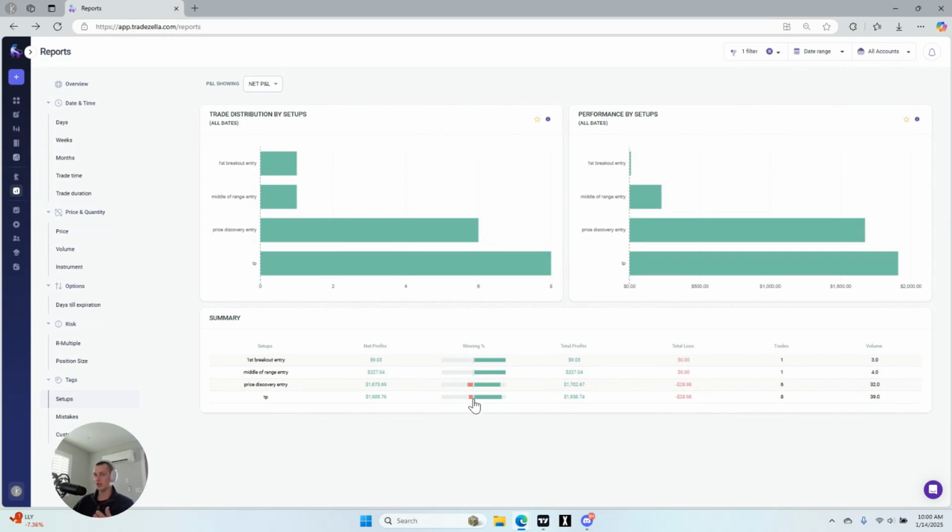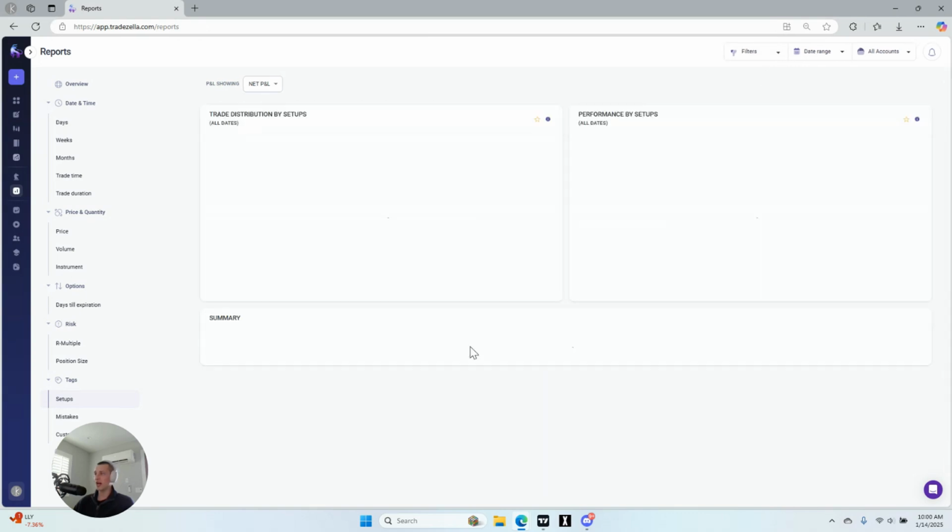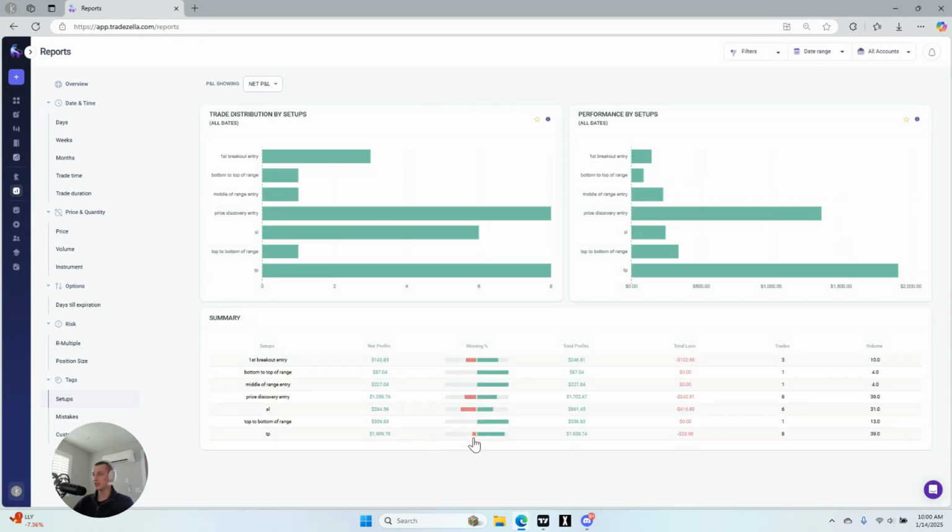So when I exit the trade, I mark it up, I enter it into Tradezella, and then I tag it. If there's any trades that are hitting TP, I will put that in there. But if I took a loss on that trade, it'll show red here. So I can know with 100% certainty whether I am taking advantage of my take profits and see my stop loss. So now this is pretty good.